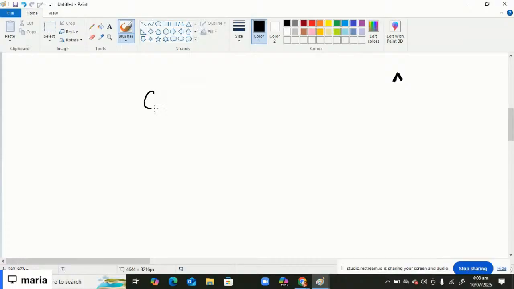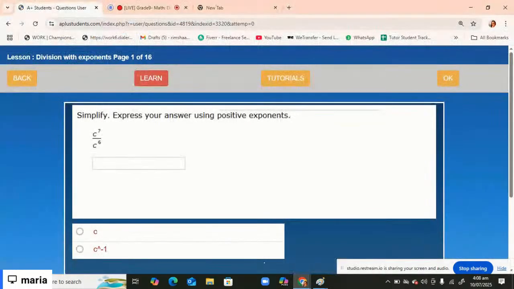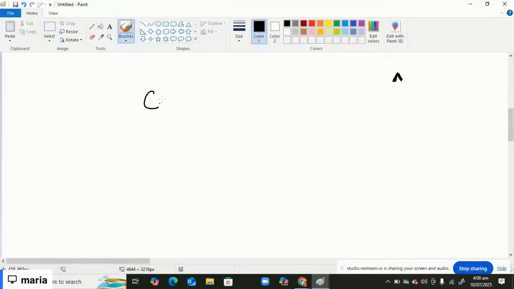When we move these c powers, this is c power 7 and that is c power 6. Now solve it. C power 7 stays as it is, only the power is moved. So which sign is here? This is the positive sign. When it moves, it turns negative. So this becomes 6.